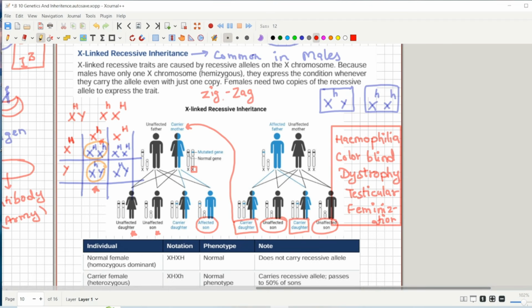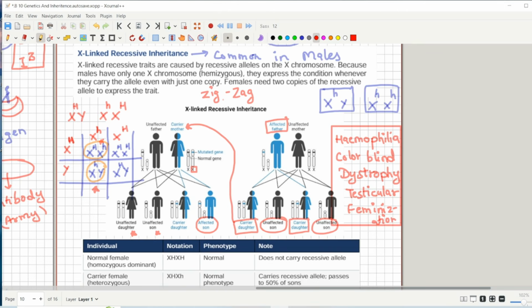Why is that? You can see here there was an affected father, and that affected father passed down the X chromosome to the daughters, but the males actually got the X chromosome from their mother. The sons got the Y chromosome from the father and the X chromosome from the mother. So if they didn't get the X chromosome from the father, they will be unaffected. So the father produced two carrier daughters, and when those carrier daughters marry a normal male, then the son would be affected.